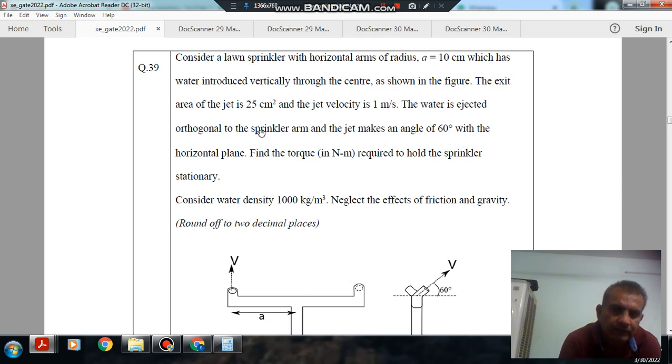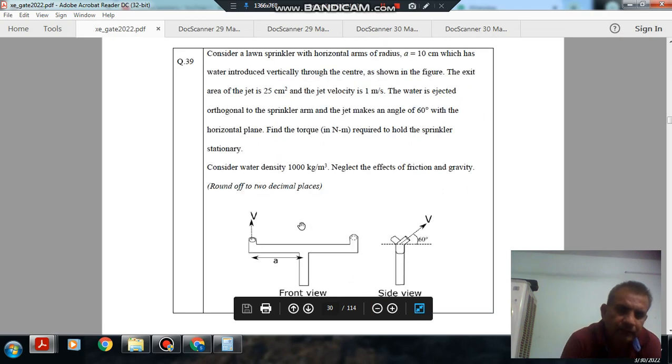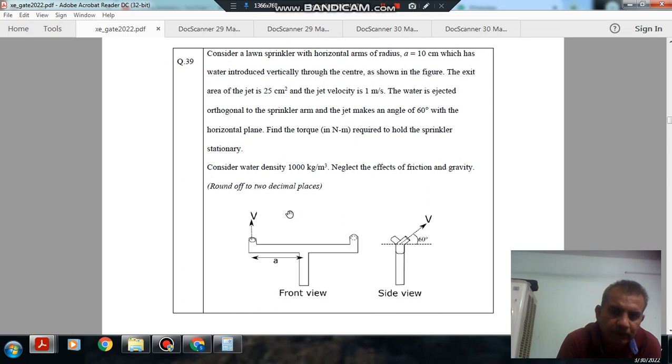The water is ejected orthogonal to the sprinkler arm, and the jet makes an angle of 60 degree with the horizontal plane. Find the torque in Newton meter required to hold the sprinkler stationary. Consider water density 1000 kilogram per meter cube. Neglect the effect of friction and gravity. Round off to two decimal places.